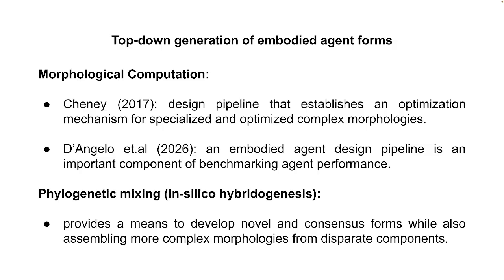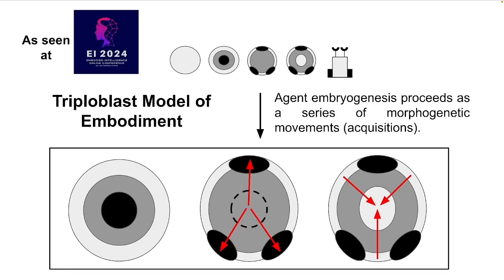Now, if we compare that with phylogenetic mixing or this in silico hybridogenesis, our approach provides a means to develop novel and consensus forms, while also assembling more complex morphologies from disparate components.